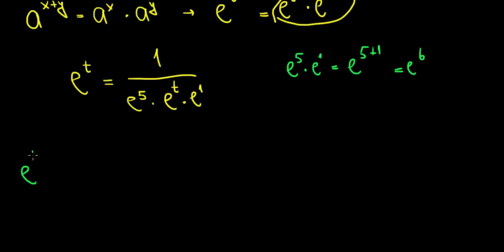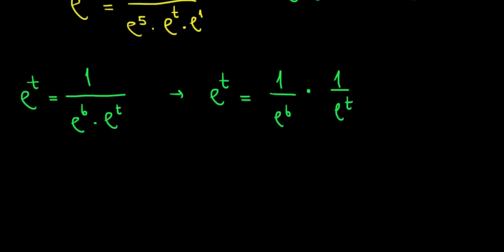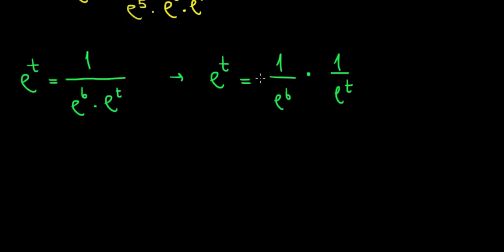Which means we now have e to the power t equals 1 over e to the power 6 times e to the power t. Let's write it a bit differently: 1 over e to the power 6 times 1 over e to the power t. We can do that because 1 times 1 is still equal to 1. So this term over here is exactly the same as this term over here.